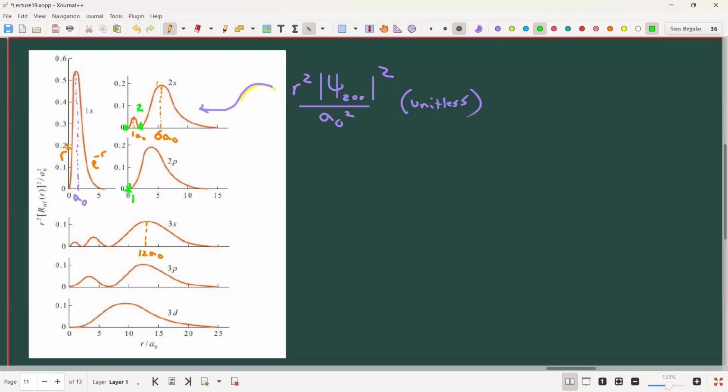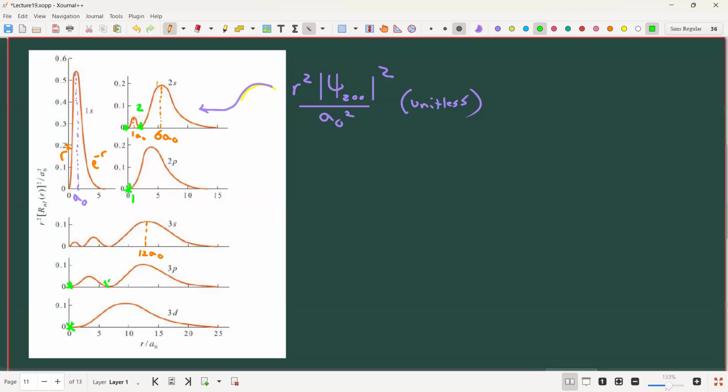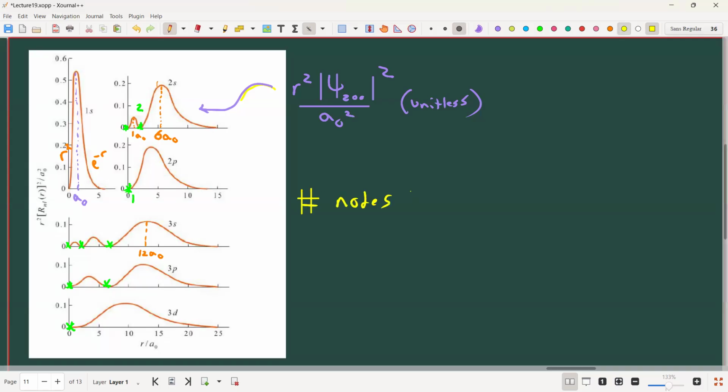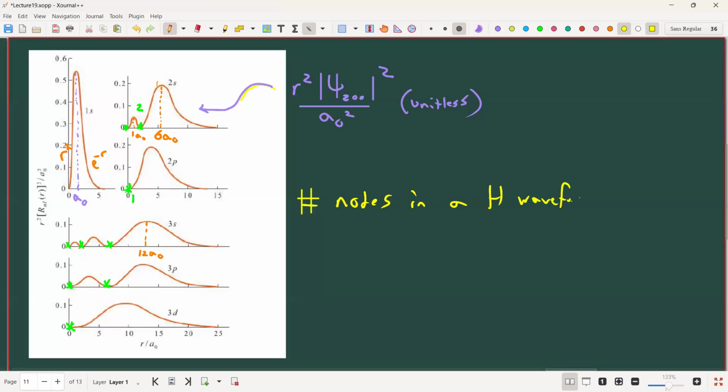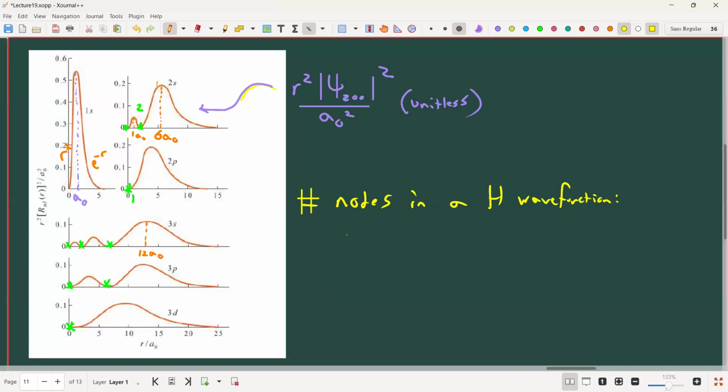Then let's look at 3s. 3s has 1, 2, 3 nodes. 3p has 2 nodes. 3d has 1 node. So the number of nodes in a hydrogen wave function is equal to n minus L minus 2.